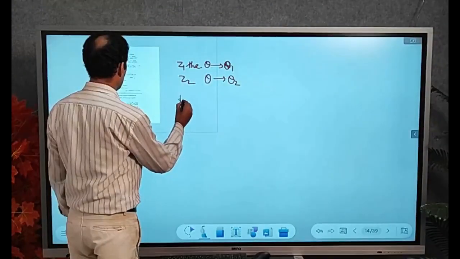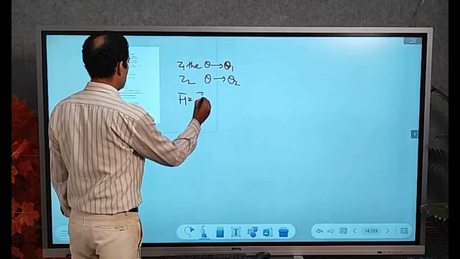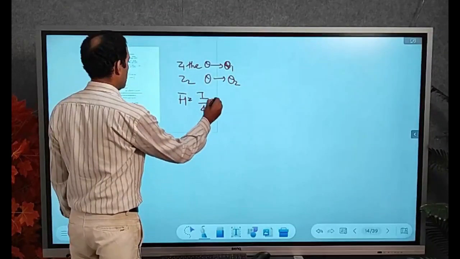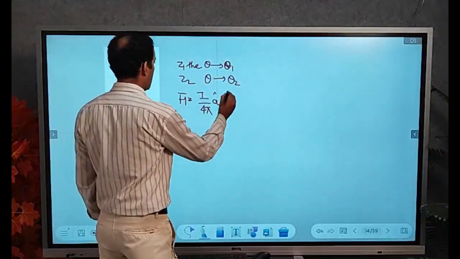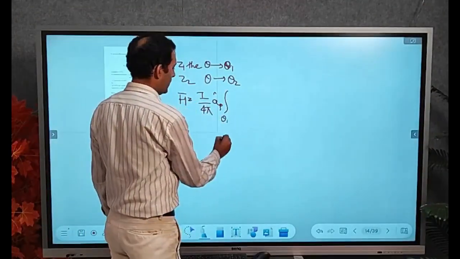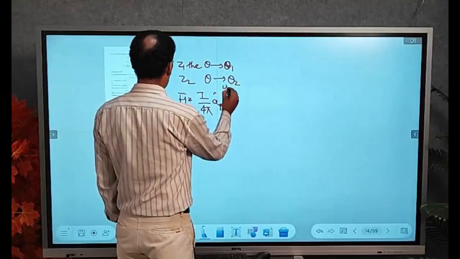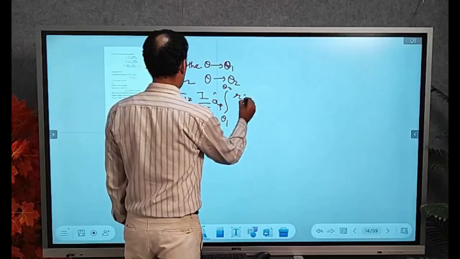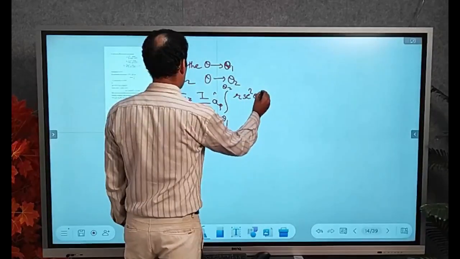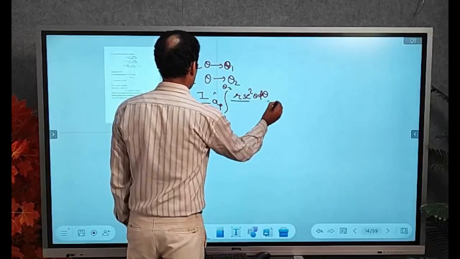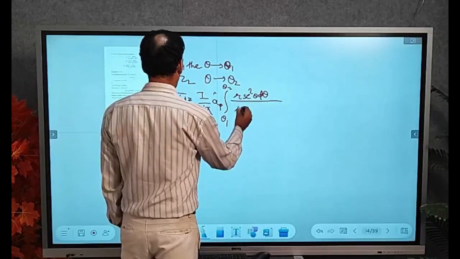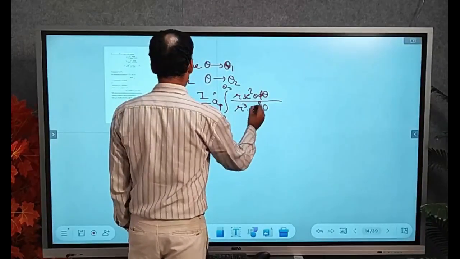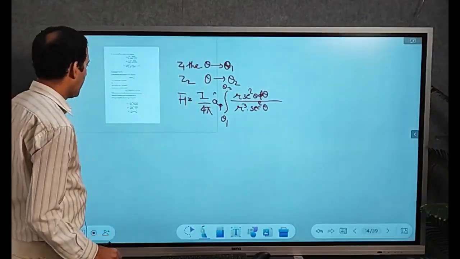We will get H bar equal to I by 4 pi a phi cap, with the limits from theta 1 to theta 2. So these are the limits. So r secant square theta d theta divided by r cube secant square theta, right?